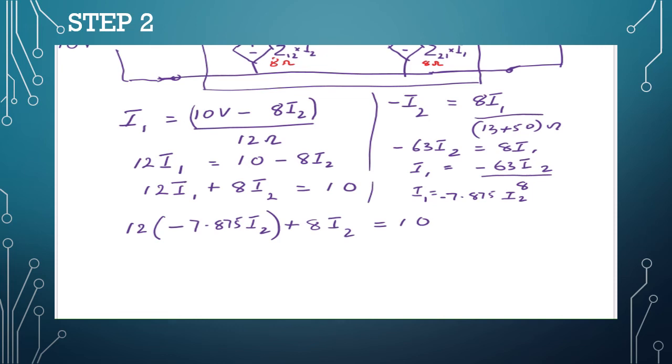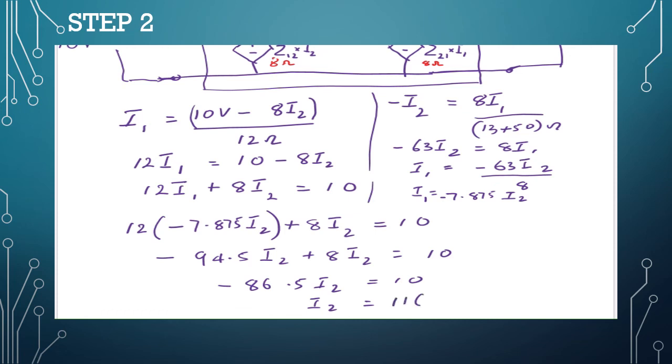So we get negative 94.5 I2 plus 8 I2 equals 10. So negative 86.5 I2 equals 10. So we get that I2 equals, and it comes out to negative 116 milliamps.